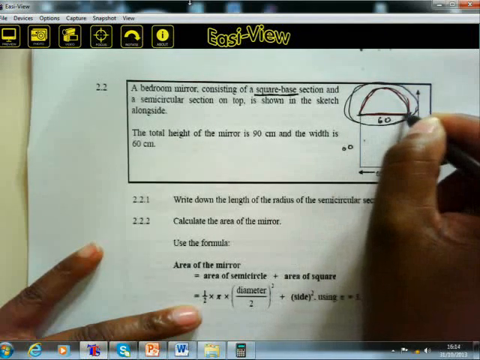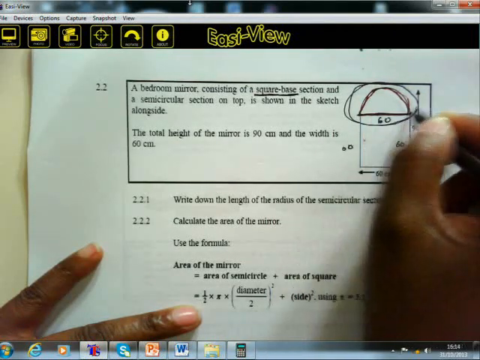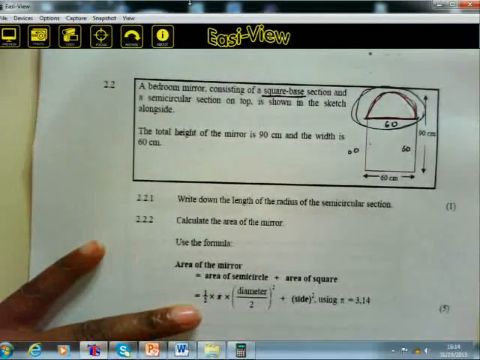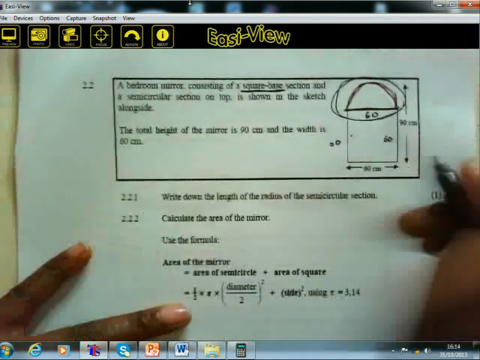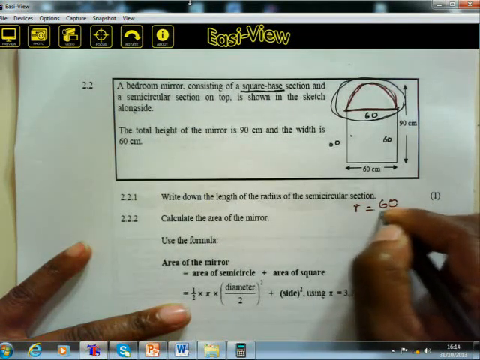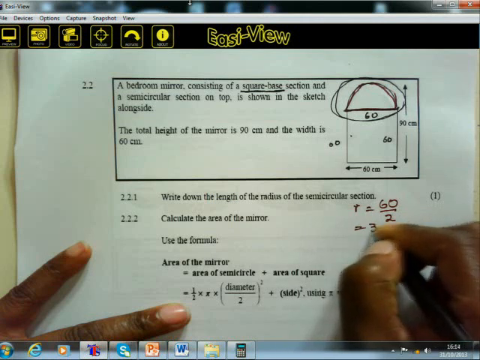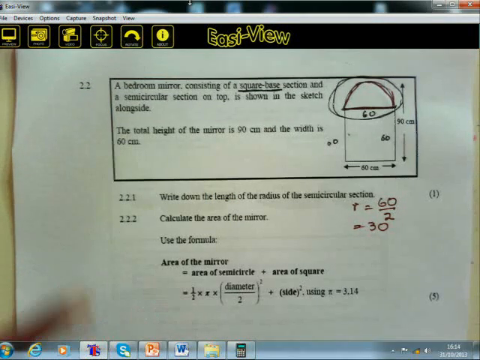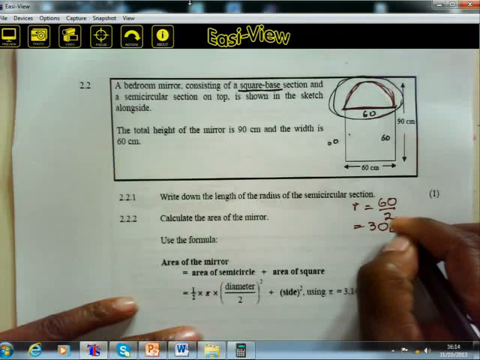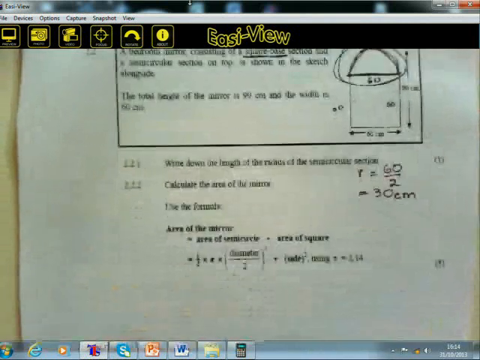And what will be this? I think this will be the diameter. So in this case, the diameter is 60, and then what will be the radius? If the diameter is 60, the radius will be equals to 60 divided by 2, which is 30. And make sure that you always write the units at the end. So the radius is 30 centimeters.